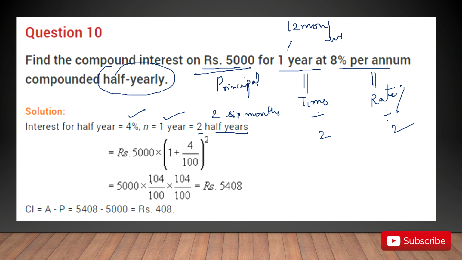So that means 5000 into, putting the values, 1 plus 4 upon 100 to the power 2. So we've got the amount here. Okay, and then we have compound interest equal to amount minus the principal, which is 408. So this is my final answer because the question has asked me to calculate the interest.